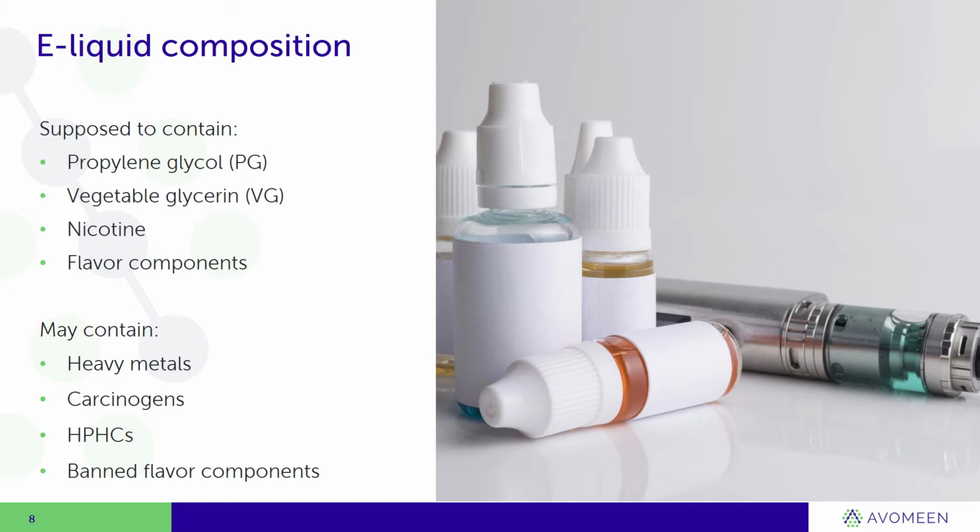E-liquids, however, may contain heavy metals, carcinogens, HPHCs, or specifically banned flavor components. If an e-liquid contains any one of those four things, it may be outright rejected for a PMTA.